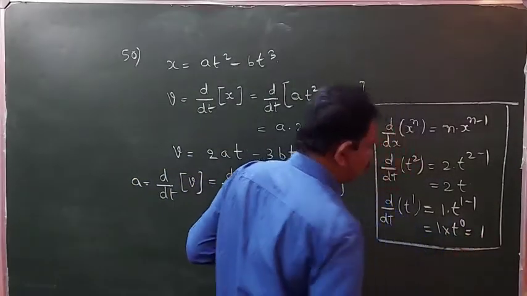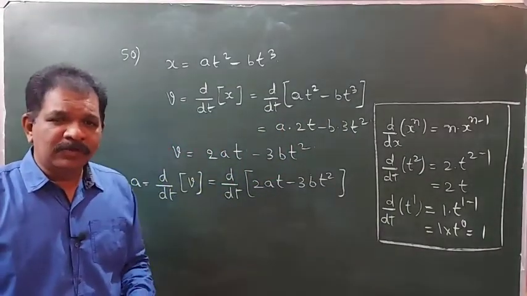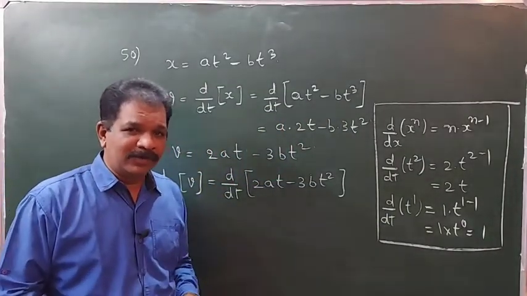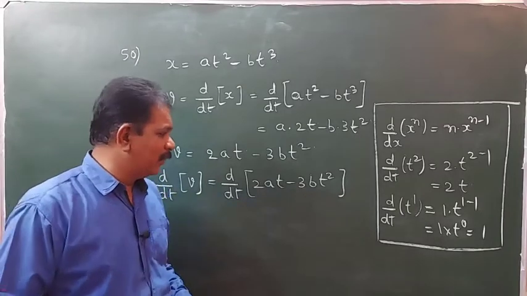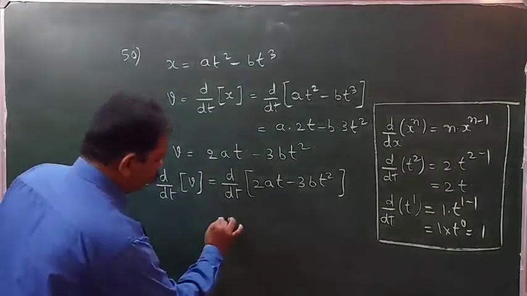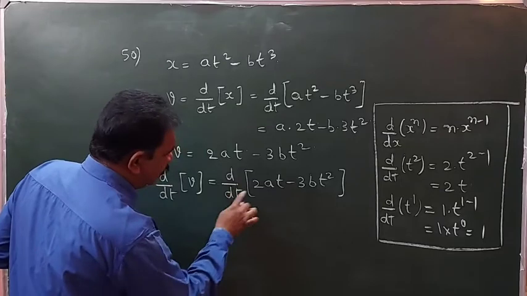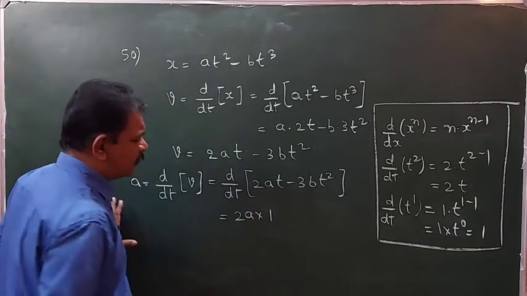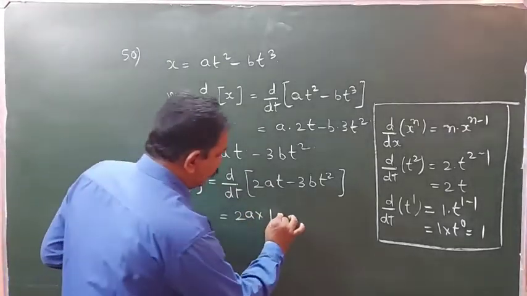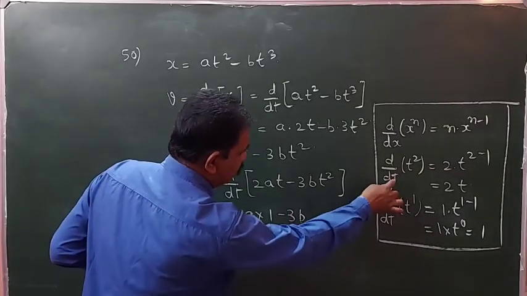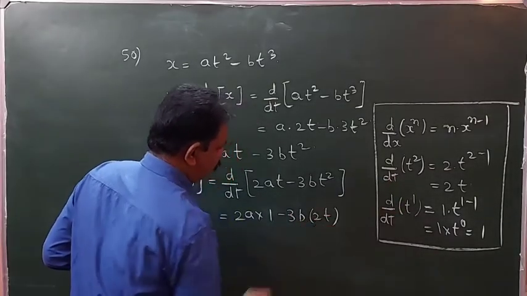T power 0 is 1, because anything power 0 is 1. So 1 into 1 will be 1. So this is 2a into d by dt of t, which is 1, minus 3b into the differentiation of t square, which is 2t.